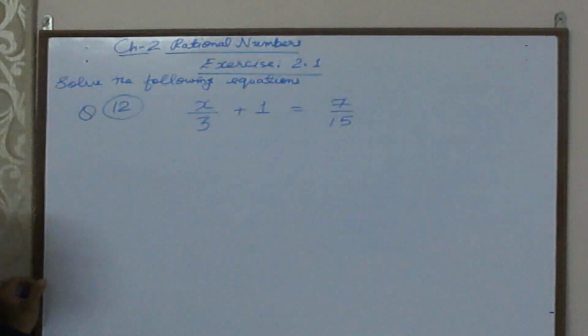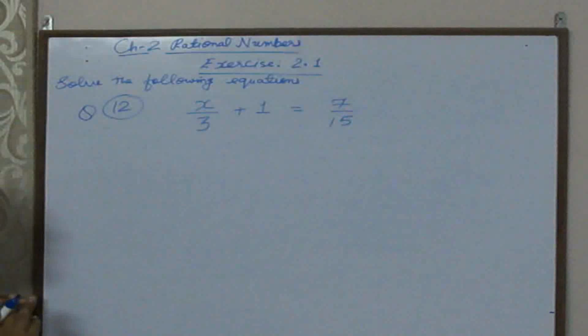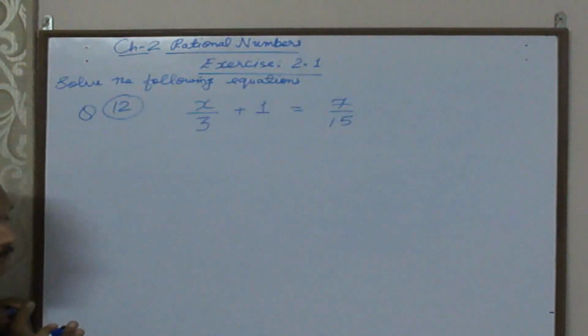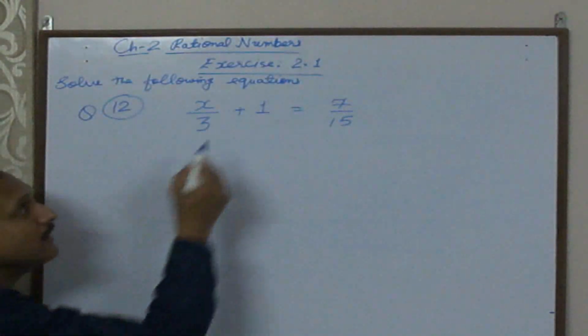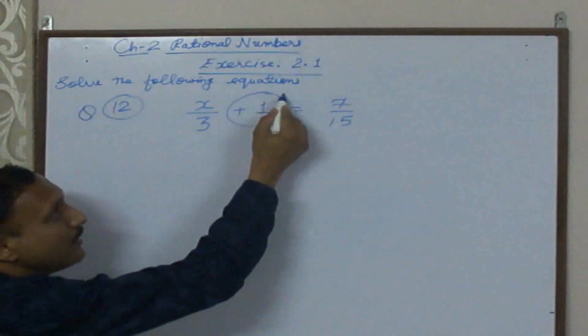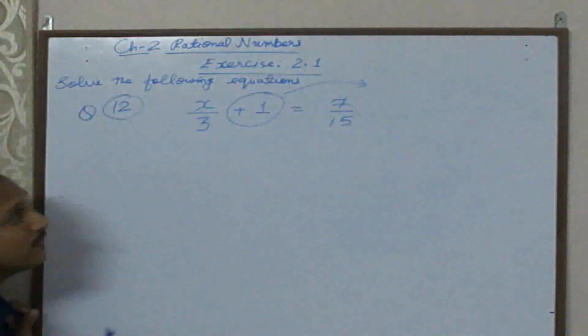Now let us do the last question of the exercise. Question number 12. x by 3 plus 1 equals 7 by 15. And this question is different from the rest of the questions. So listen, children, carefully. First of all, the same thing, we have to transpose plus 1 to the other side of the equation.